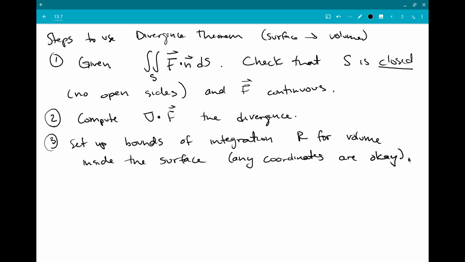And again, you can pick any coordinates you want. And then after you do that, you have a triple integral with bounds set up. Del dot F is going to give you a scalar function. And so you can just evaluate this triple integral using what we learned back during your prior exam.